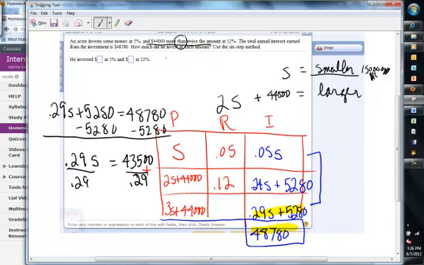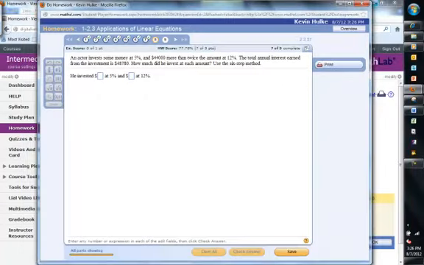The larger amount is twice that, so that'd be 300,000 plus 44,000 is $344,000. So 150,000 at 5% and 344,000 at 12%.